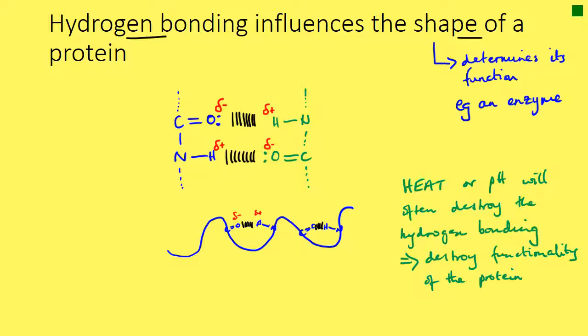And you could have the same existing here. You could have your carbon oxygen, your nitrogen hydrogen, and your hydrogen bond here, like that. And so you can see this shape that I've drawn, as it happens, I've drawn it just like a wavy shape, is held in place by those hydrogen bonds that I've drawn.